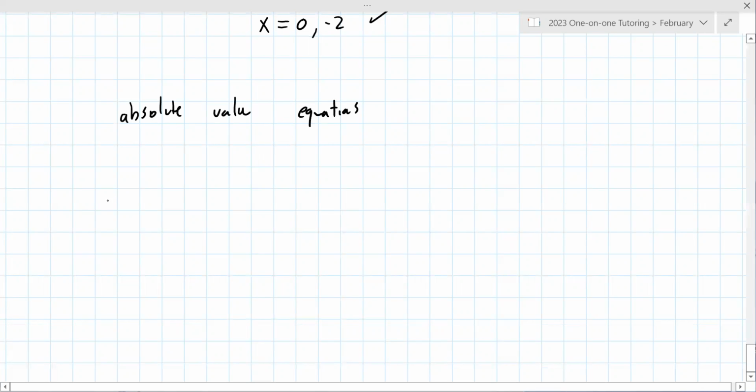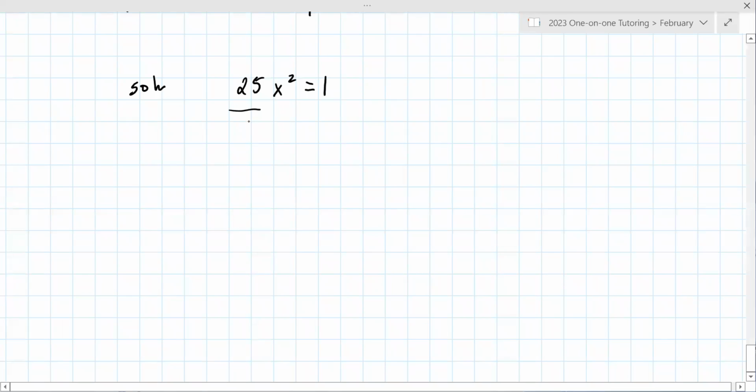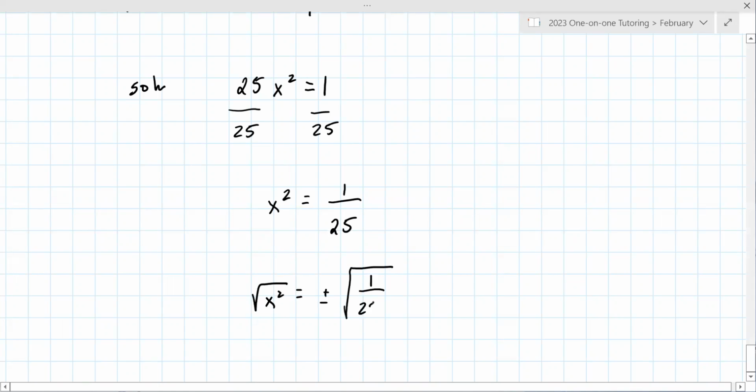Let's try one more problem together, since we are running a little short on time. Let's say I ask you to solve something like this: 25x squared equals 1. We're going to first undo this multiplication by 25, so we divide both sides by 25. So x squared equals 1 over 25. When you take the square root of both sides, it's always plus or minus the square root of 1 over 25.